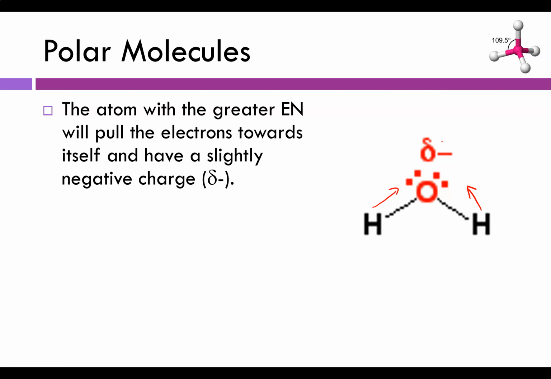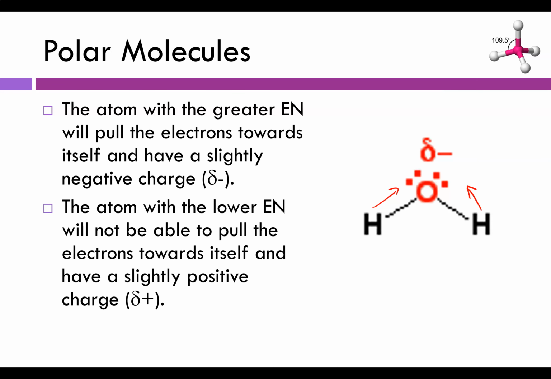As a result, we have a slightly negative, that little delta, almost looks like a music note, negative sign over the oxygen, telling us that that side of the molecule is slightly negatively charged. That's going to leave the hydrogen side of the molecule electron poor. So since electron density is being pulled away from the hydrogens, the hydrogen side ends up with slightly positive charges.